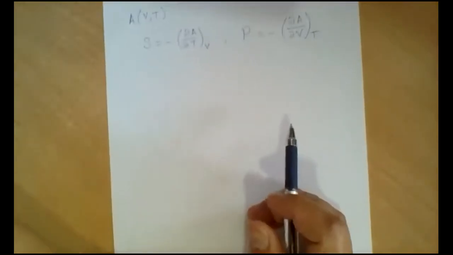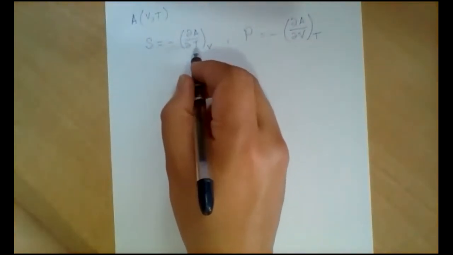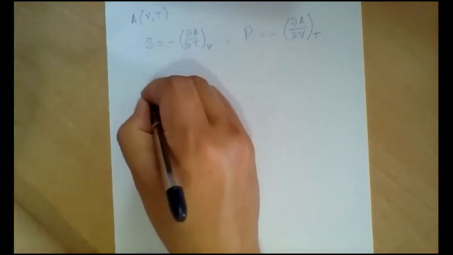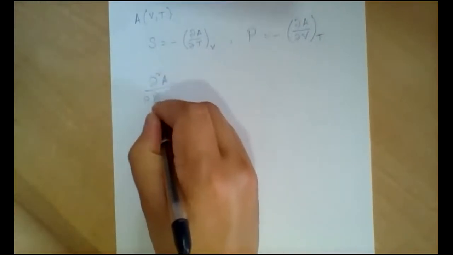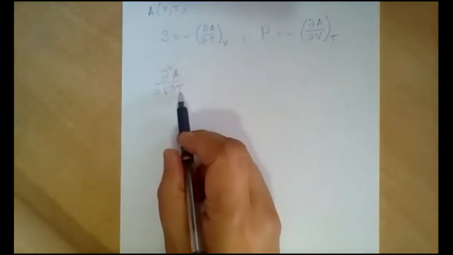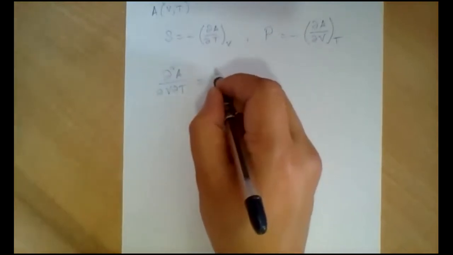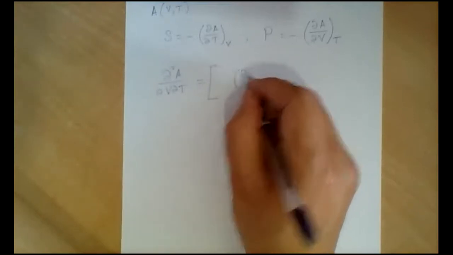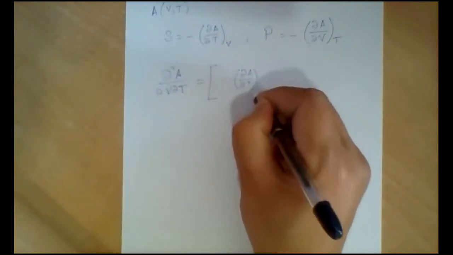Let us take the derivative first with respect to T. Now let us differentiate this with respect to V, volume. So del 2A by del V del T. First you differentiate with respect to T, then you differentiate with respect to V. So this is equal to, first you differentiate with respect to T, del A by del T at constant volume.